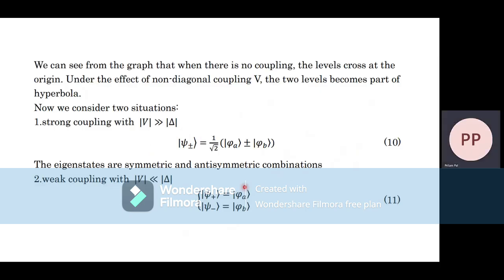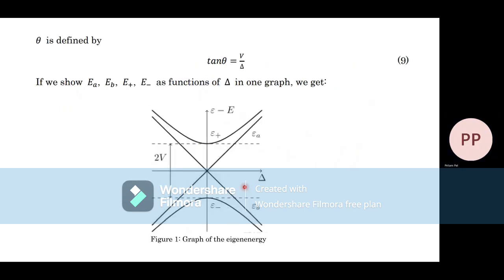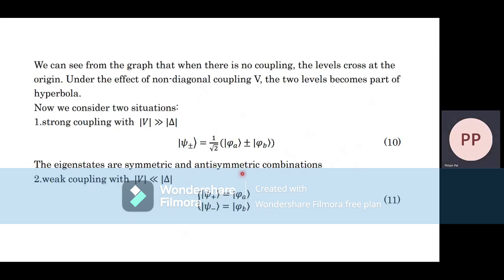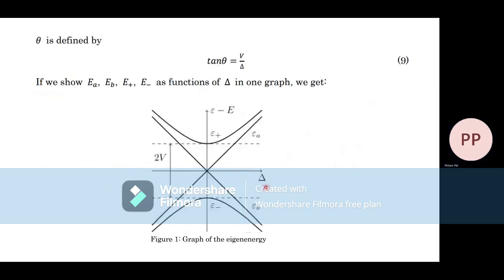We can see from the graph that when there is no coupling, the levels cross at the origin. No coupling means V equals 0. Under the effect of the non-diagonal coupling V, the two levels become part of a hyperbola.